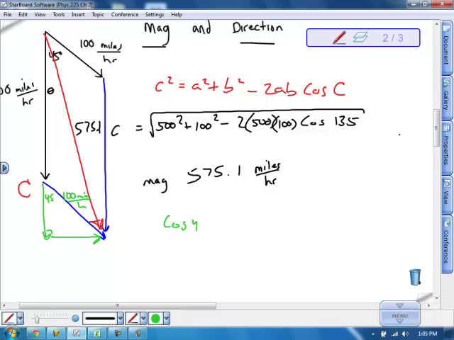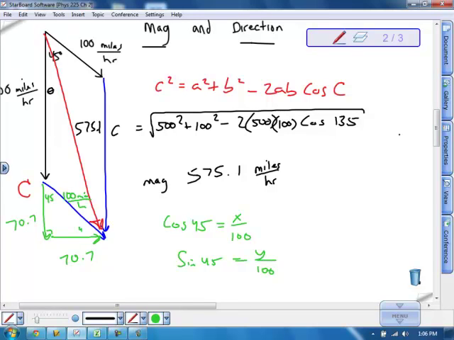So the cosine of 45 equals adjacent, which we'll call x, and we'll call this y, adjacent over hypotenuse. Multiply both sides by 100. You get 70.7, and that's miles per hour. And then for y, you do sine 45 equals y over 100, which also gives you 70.7.